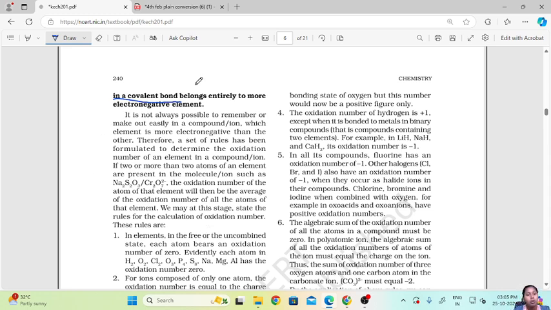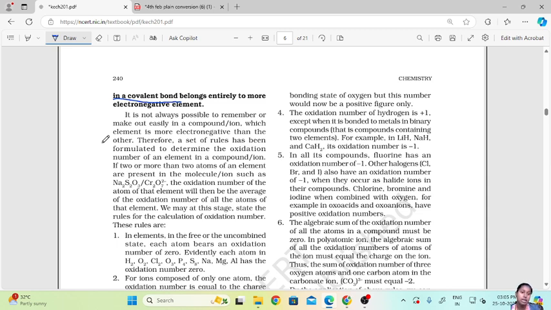It is not always possible to remember or make out easily, in a compound or ion, which element is more electronegative than the other. As you know, here they have said it belongs entirely to the electronegative element, but for some molecules it is not always possible to predict which of them is more electronegative.